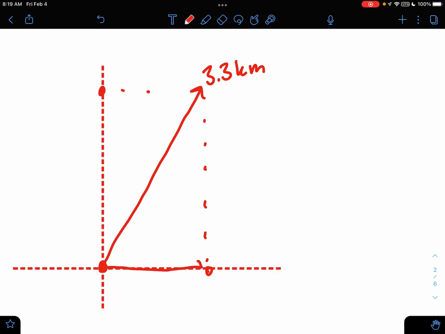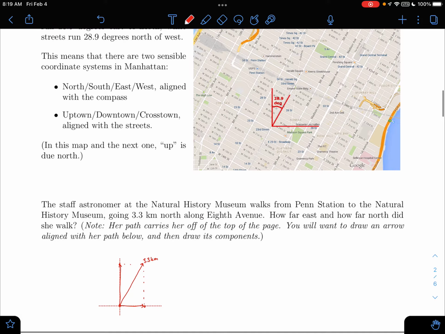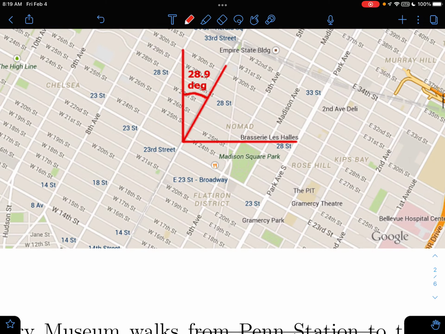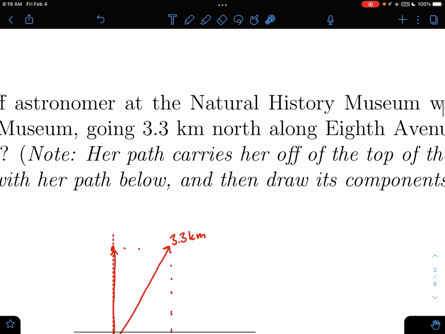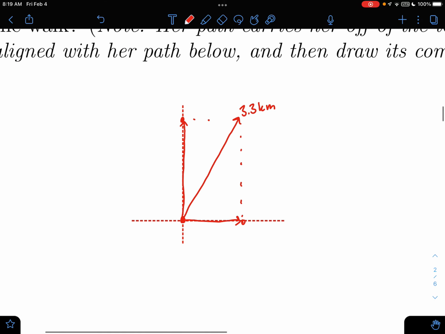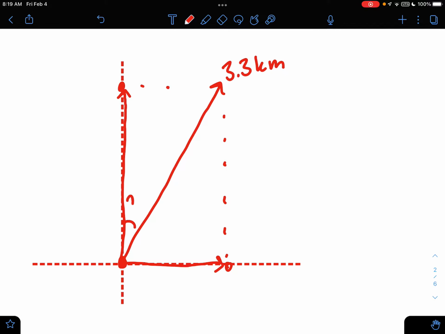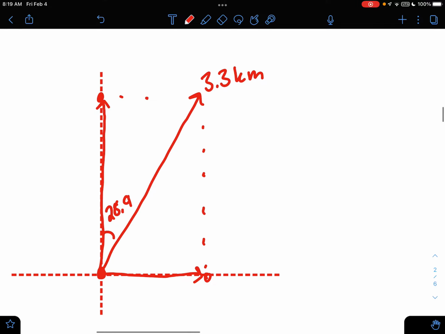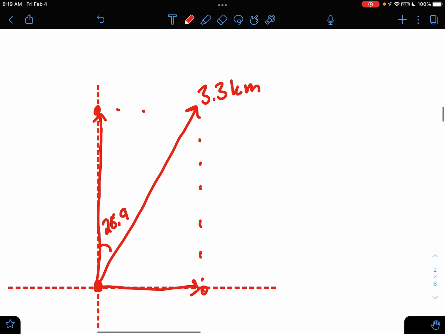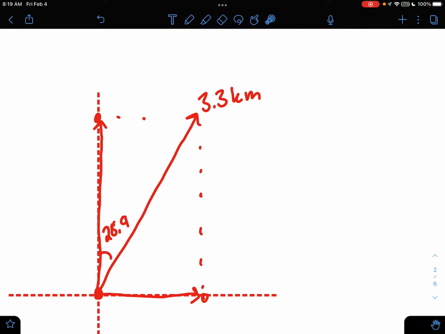So if I draw that vector there and that vector there, we're given the angle that she's walking at. Between north and the avenues, it's 28.9 degrees. So we can mark that as 28.9. Now, wonderful news, that's a right angle.